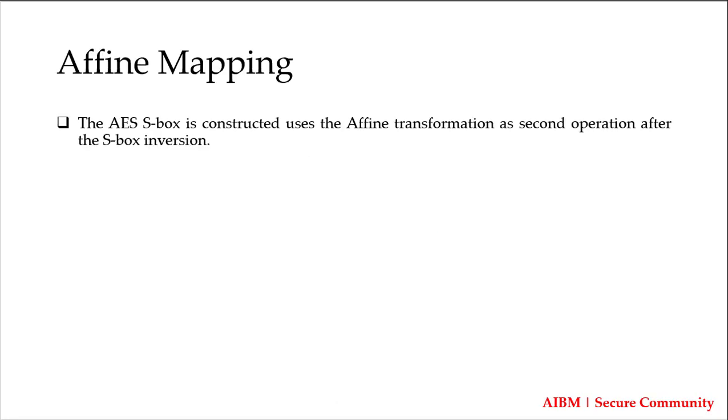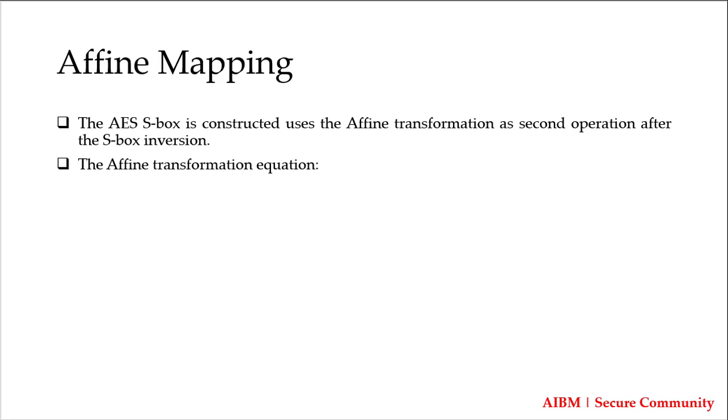Affine mapping or affine transformation. The AES S-box is constructed using the affine transformation as the second operation after the S-box inversion.